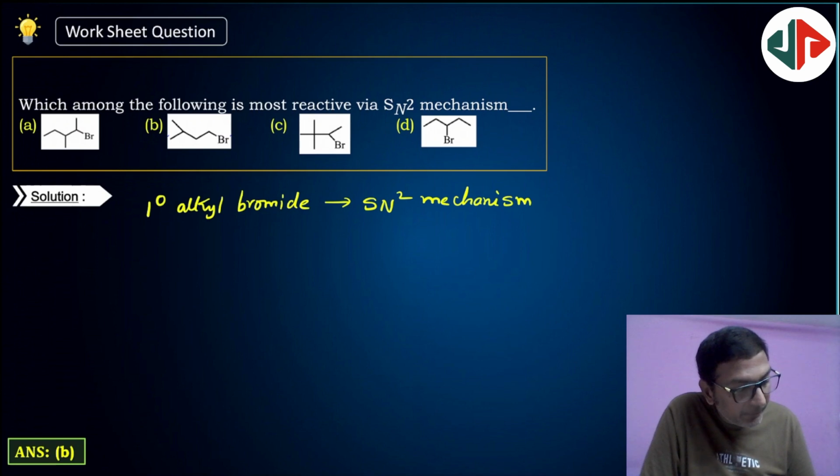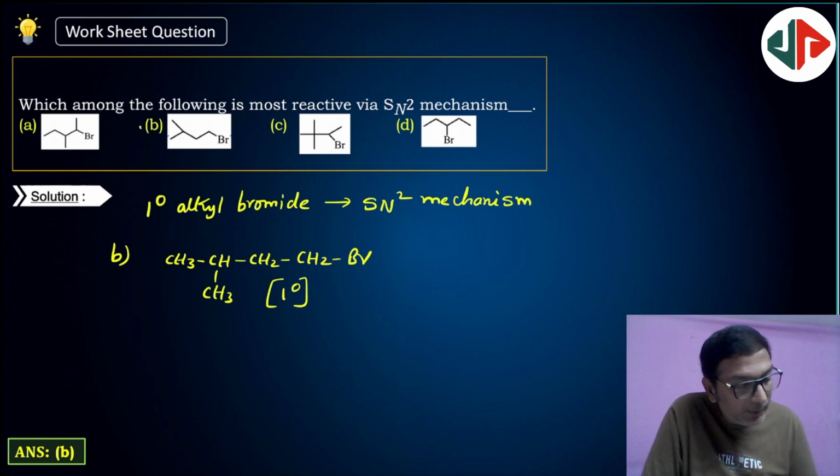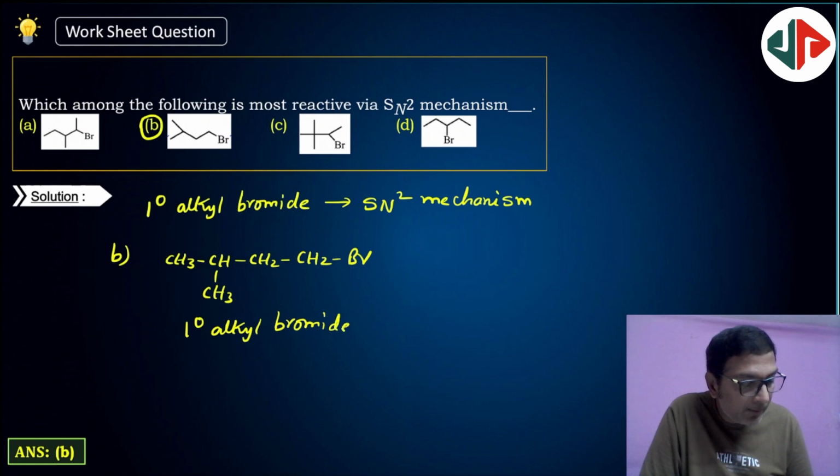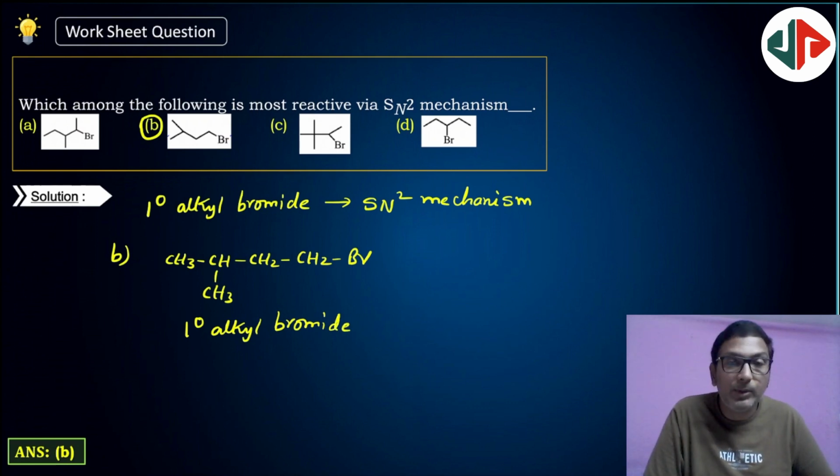Option B. That is CH3, CH, CH3, CH2, CH2Br, which is primary. CH2Br means primary alkyl bromide. Therefore, it is most active.